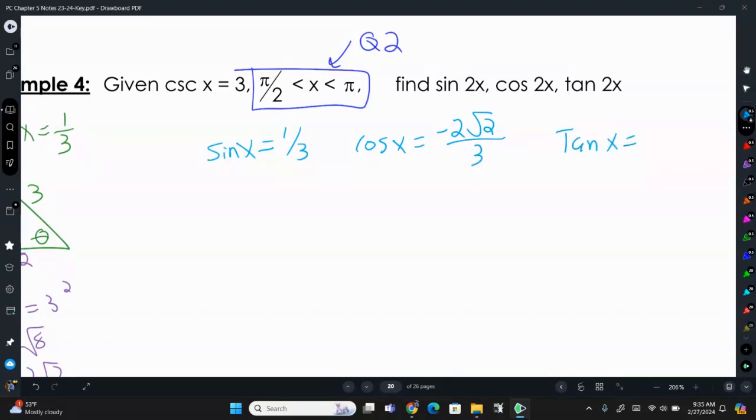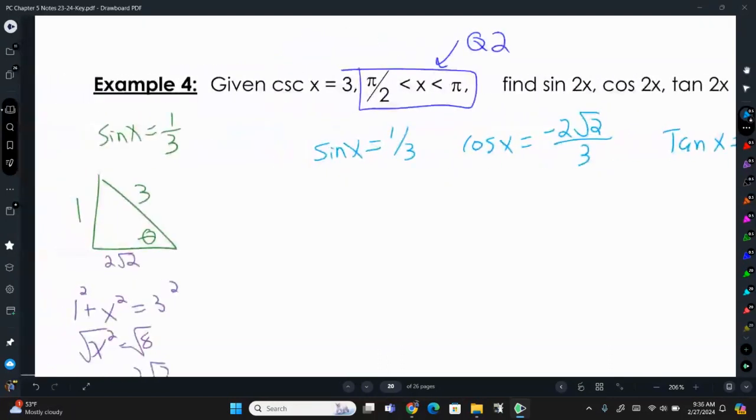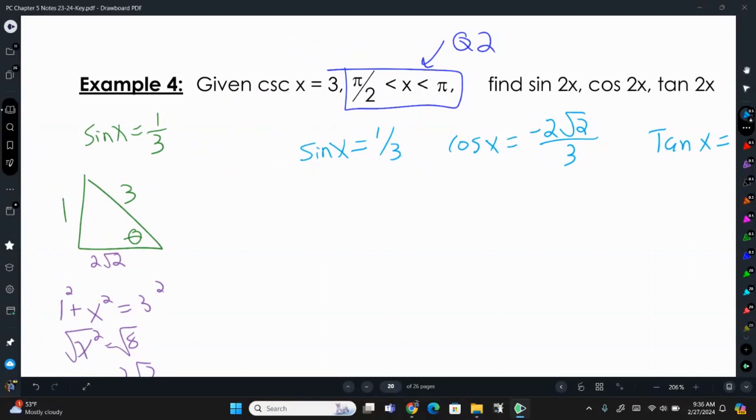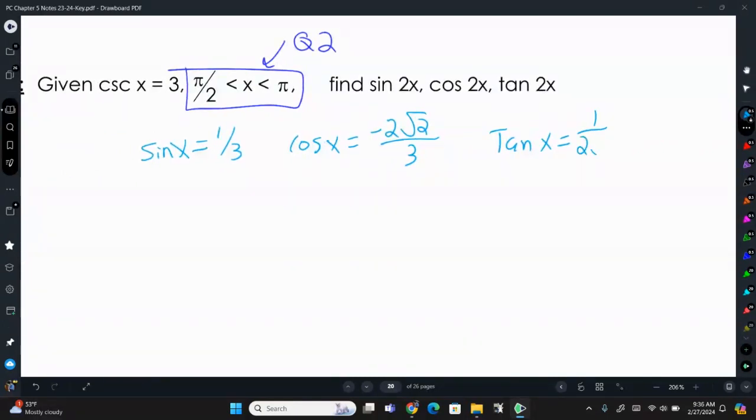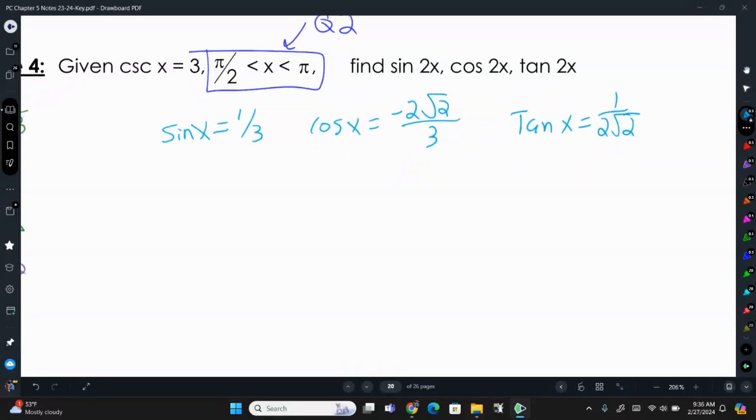And the tangent of x is equal to opposite over adjacent, so 1 over 2 times the square root of 2. I'm going to leave it like that for now, because when I look at my formulas, we are squaring tangent for tangent of 2x.